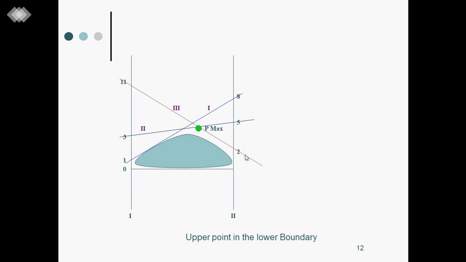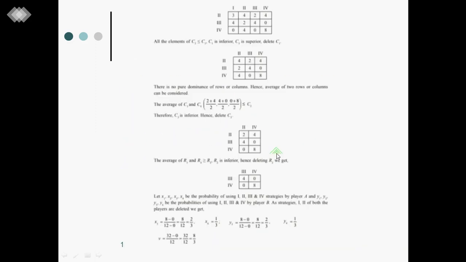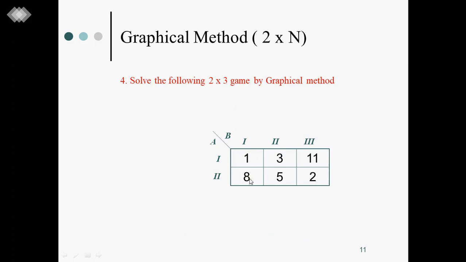Now, 1 is not passing through; only 2 and 3 are passing. Let us go back. The values are 3, 11, 5, 2.